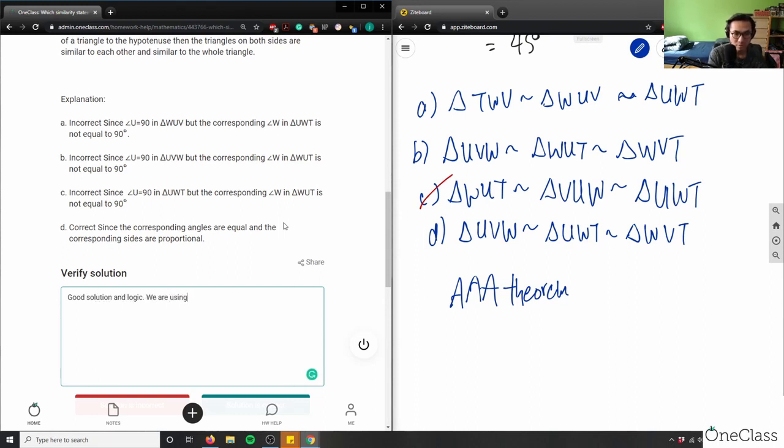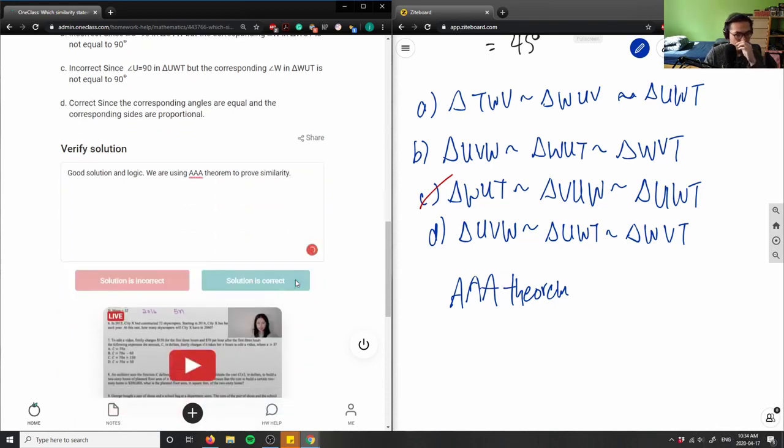We are using a theorem: if two of the angles are the same, the third angle is the same, and the triangles are similar, to prove similarity.